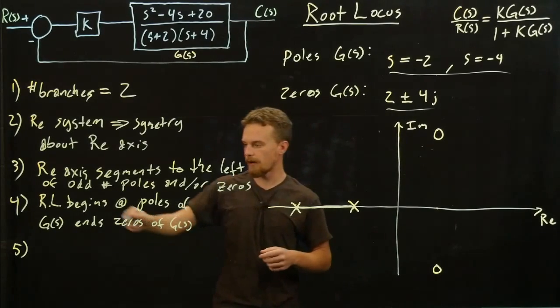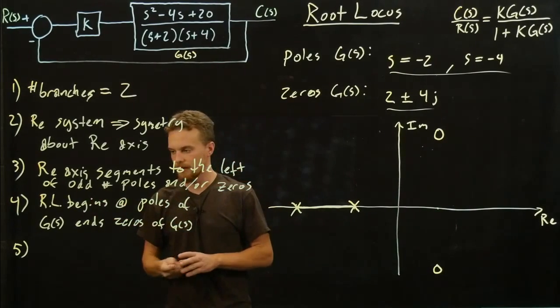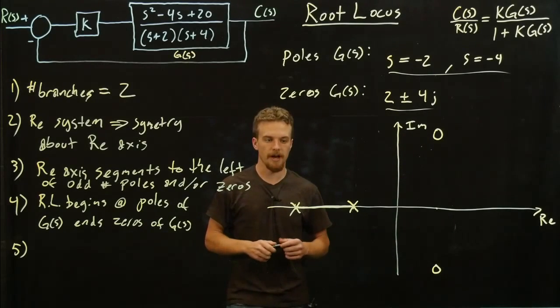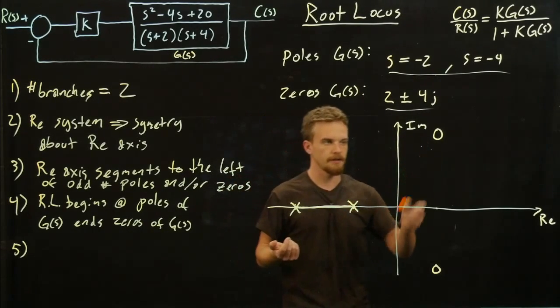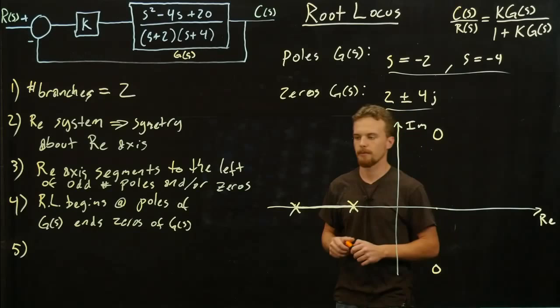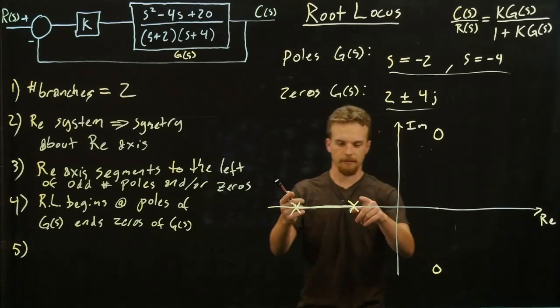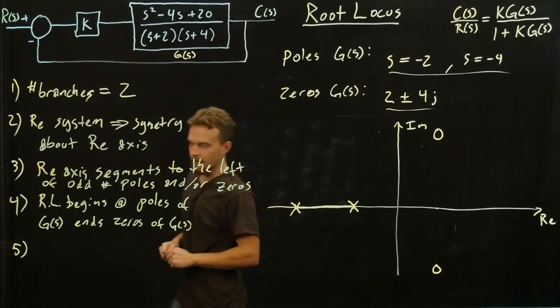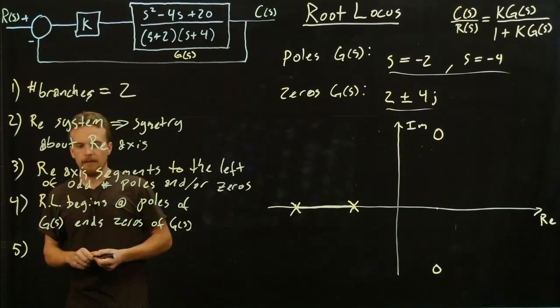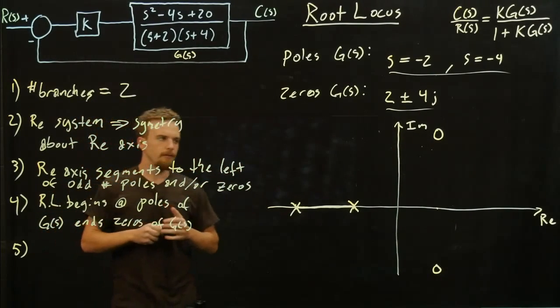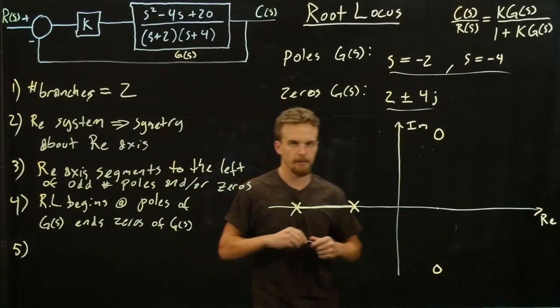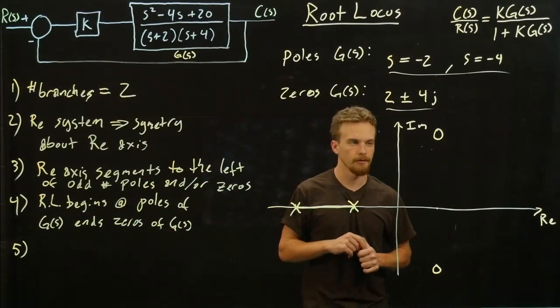So we know that our root locus begins at poles of g of s and ends at zeros of g of s. And if we have as many poles as we have zeros, as in this case, then our problem is pretty much solved. We know that the root locus will somehow start at these two things and end up over here. But what if the number's not equal? If the number of zeros is less than the number of poles, we'd still have paths that start at all the poles.